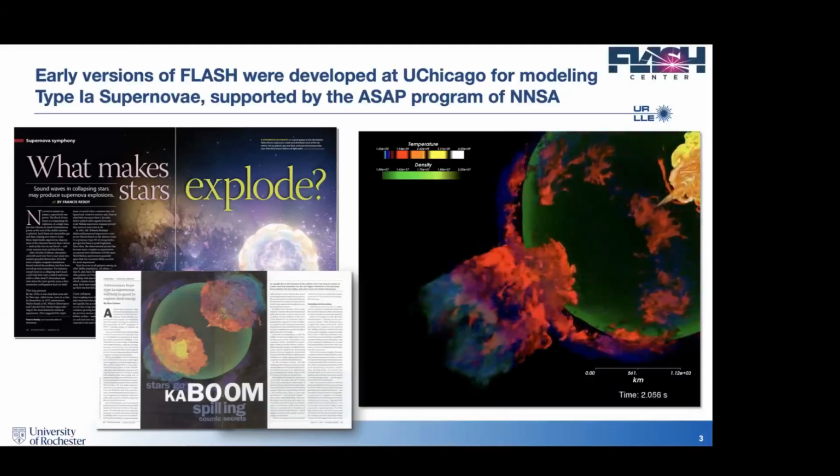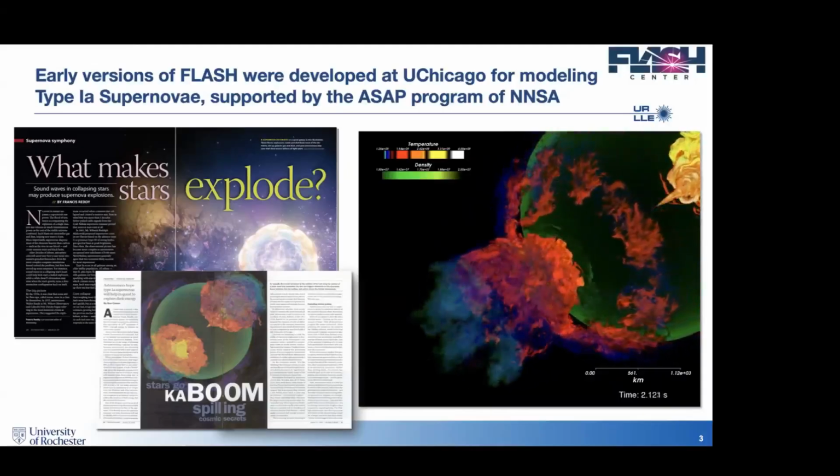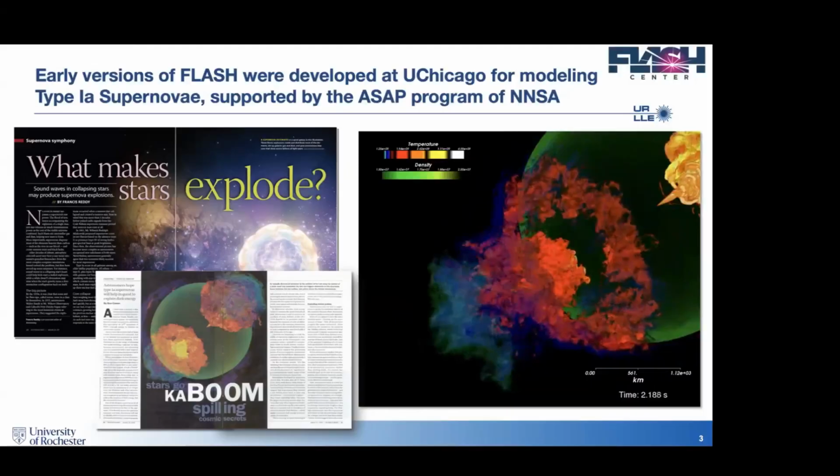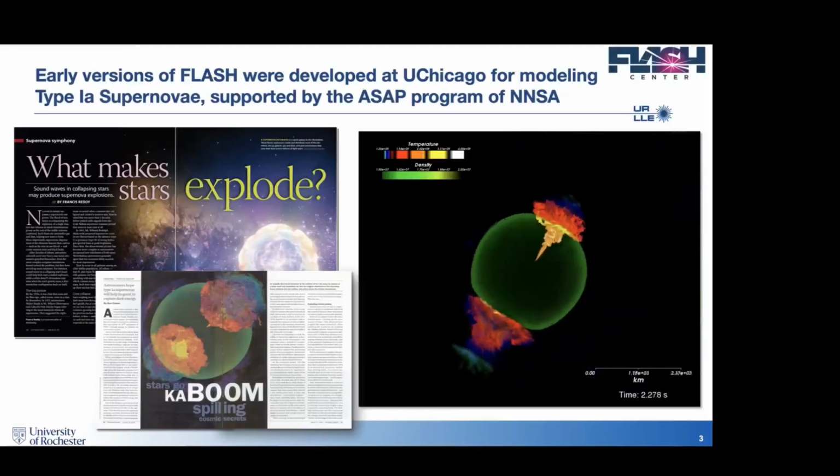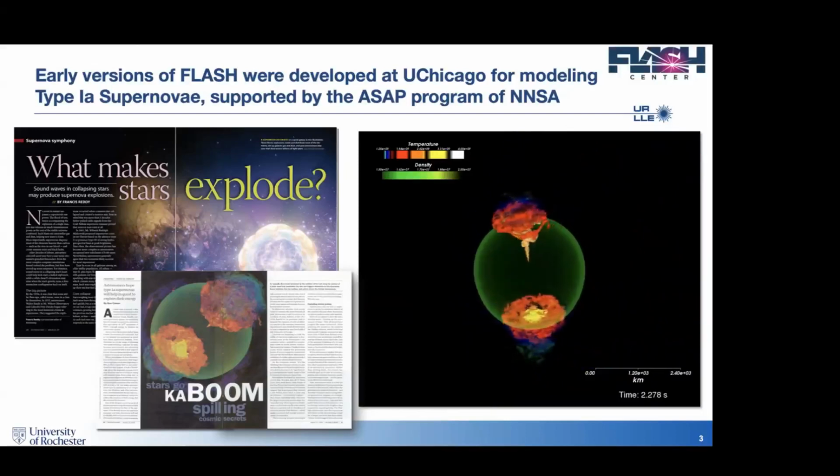And therefore, they ended up starting this ASCI program. It was essentially an initiative to accelerate scientific computing in academia to be a partner and a peer for the national labs that are part of the defense program. One of those five early centers was us, the Flash Center for Computational Science.